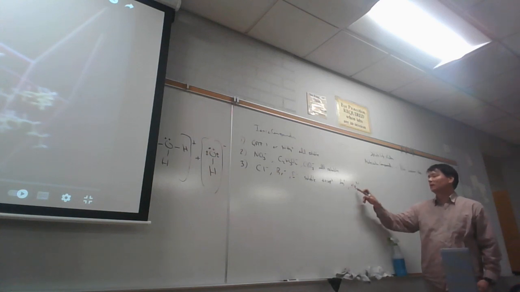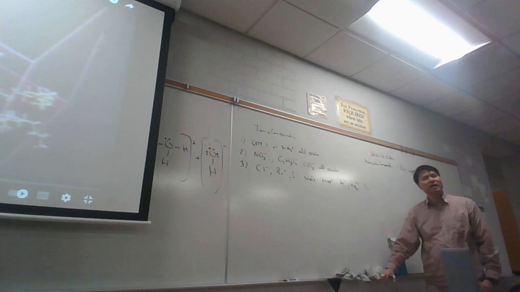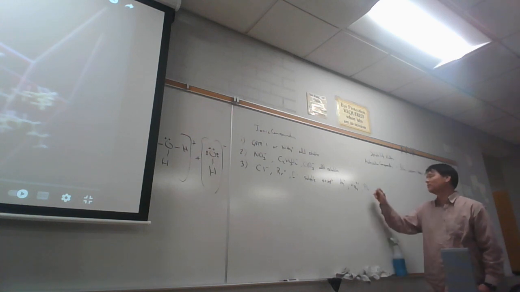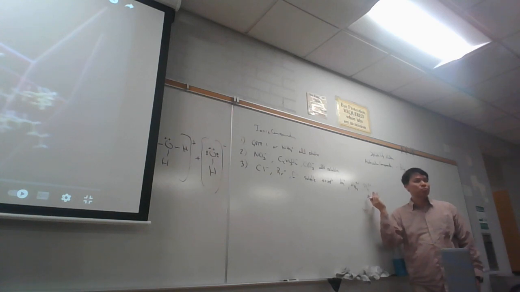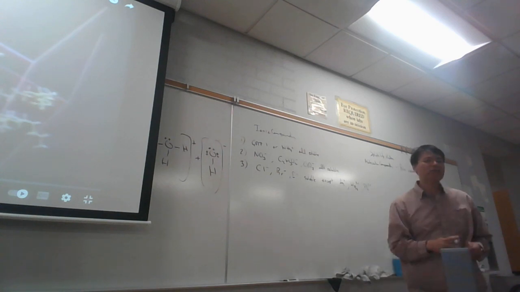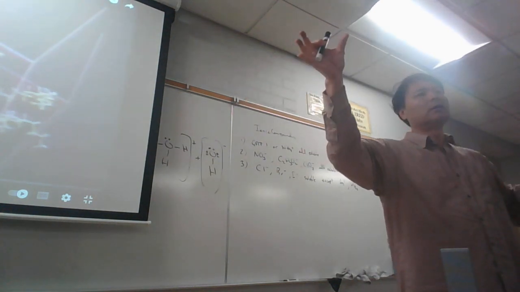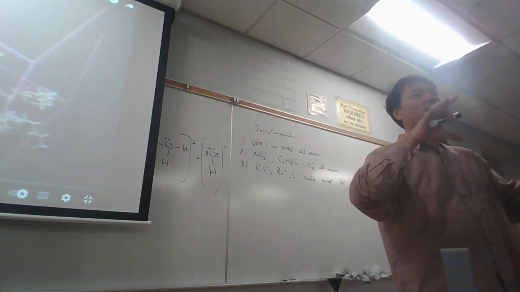So silver, mercury 1, and lead. Not both leads, only lead. What are the common charges for lead? +2 +4, so it's lead 2. Lead 4 chloride is soluble. It's weird. Lead 2 chloride forms an ionic lattice, like sodium chloride. Lead 4 chloride does not form an ionic lattice.